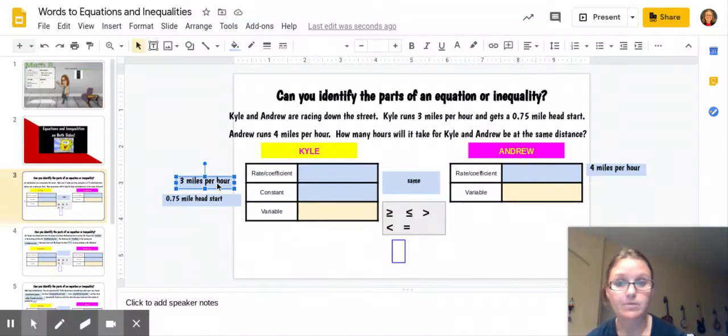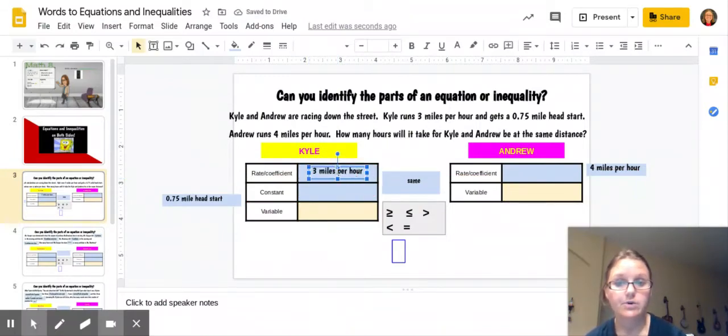For this example, 3 miles per hour. So we would take 3 miles times the amount of hours. Do we know the amount of hours? No, we don't. So 3 miles per hour is a rate because it would go next to the variable.